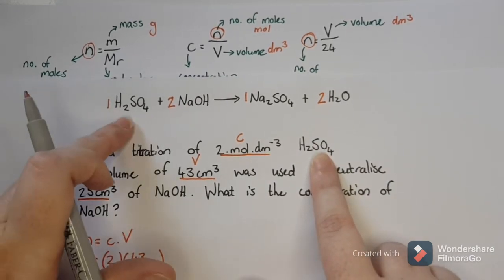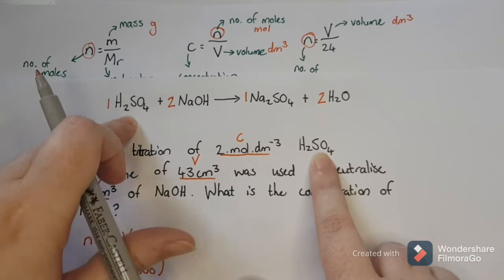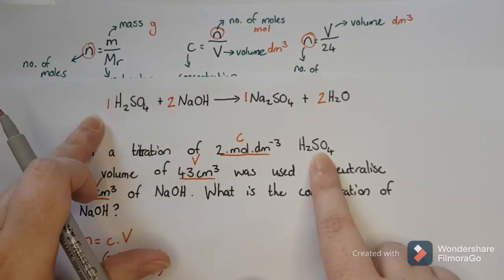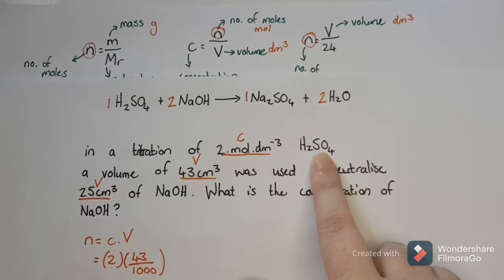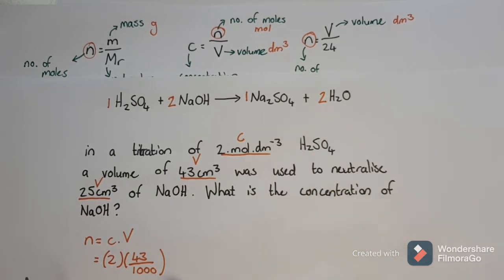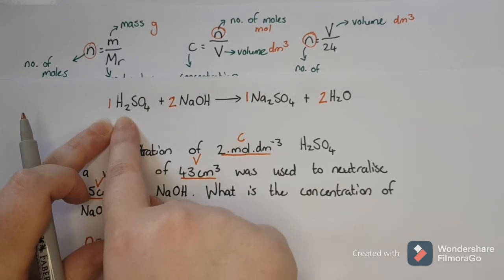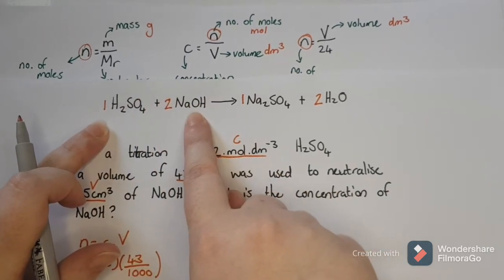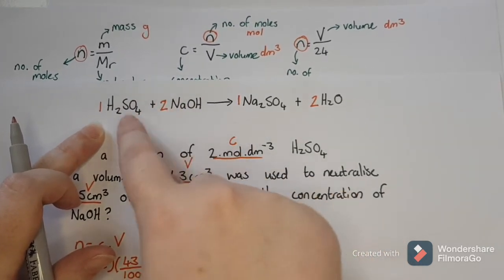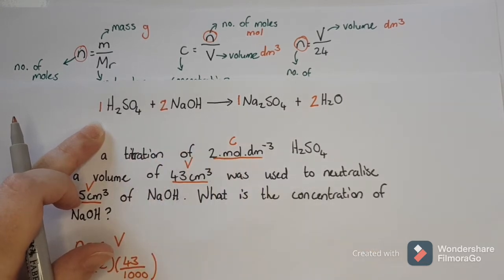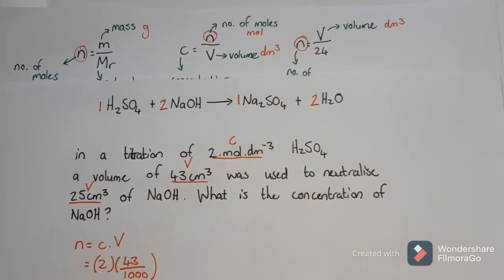So now I have a number of moles of the sulfuric acid. I know sulfuric acid to sodium hydroxide is in the ratio of 1 to 2. So this number of moles represents the 1. Now I use double the amount for the sodium hydroxide because it's 1 to 2. So I take this number of moles and multiply it by 2 because of the ratio.